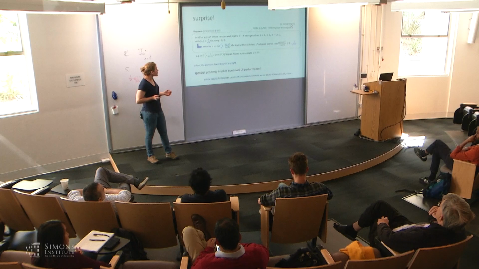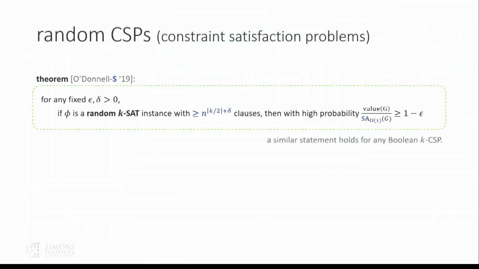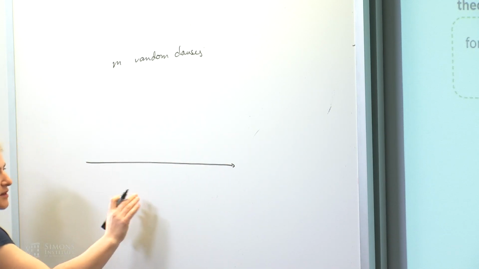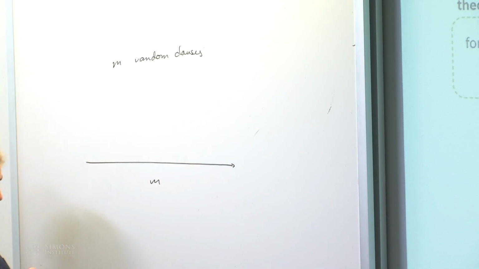Let me just say what we get for random constraint satisfaction problems. Say that I have a SAT, for example. Usually the model is that I sample a random formula by choosing m random clauses. Let's say that this is the axis in which I increase m.